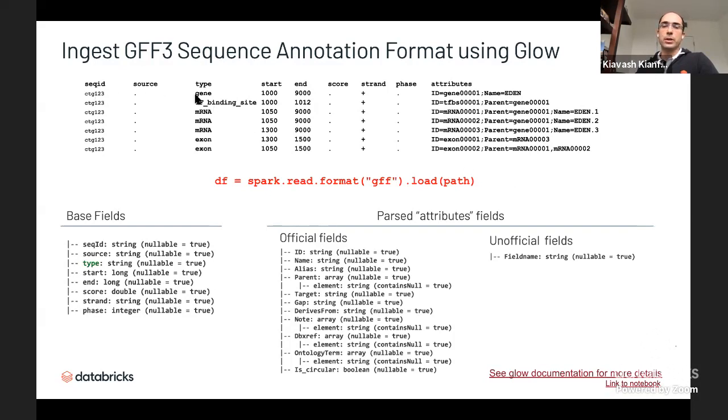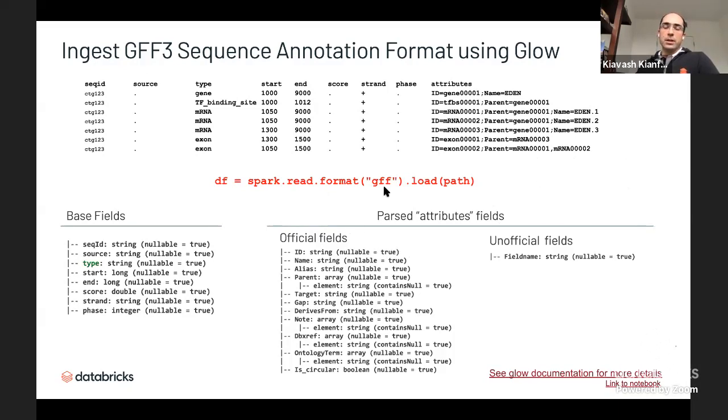For a particular sequence, it talks about different properties that sequence has, like ID, the parents of that sequence, and many different things that you can annotate, gene ID, transcript ID, its exons, and so on and so forth.